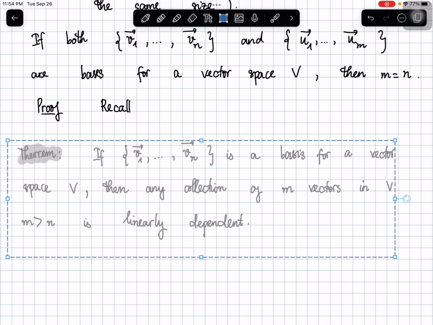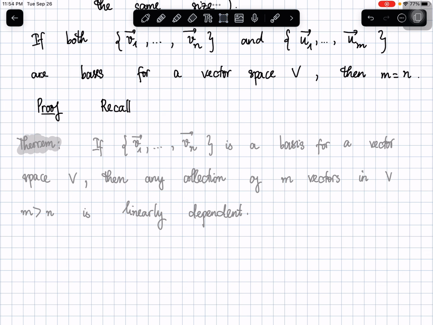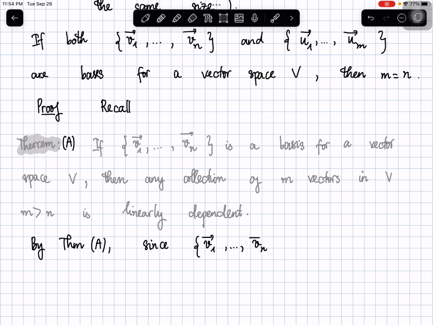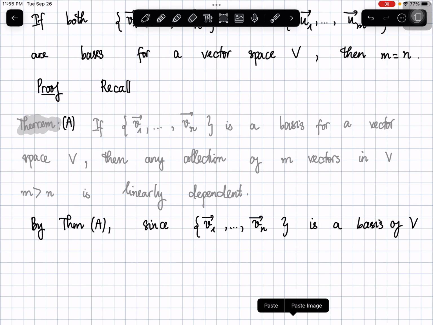Okay, and here is our main proof. By theorem A, we know that since v1 to vn is a basis of V, and u1 to um is linearly independent.